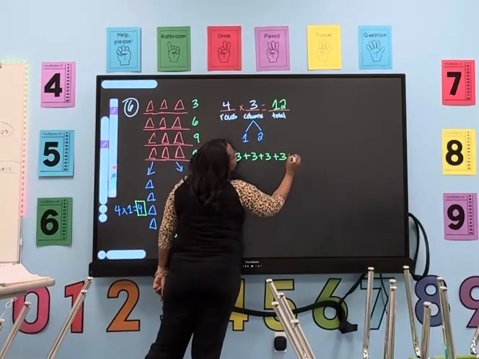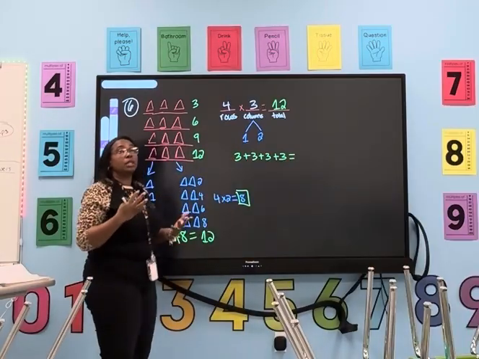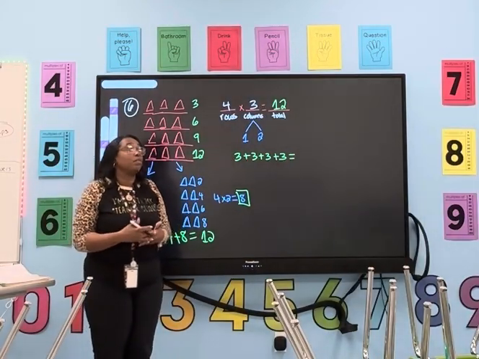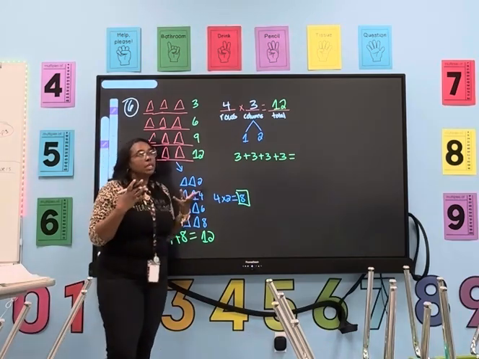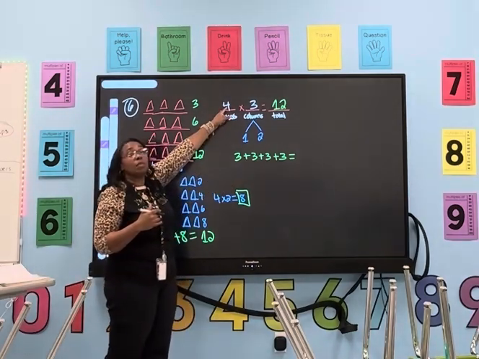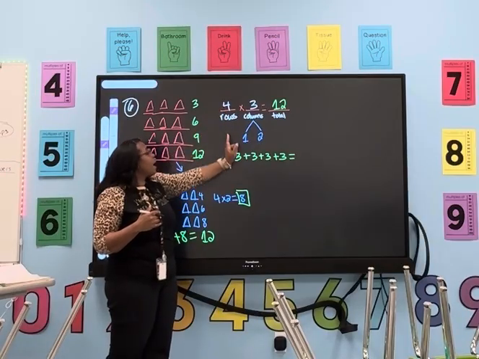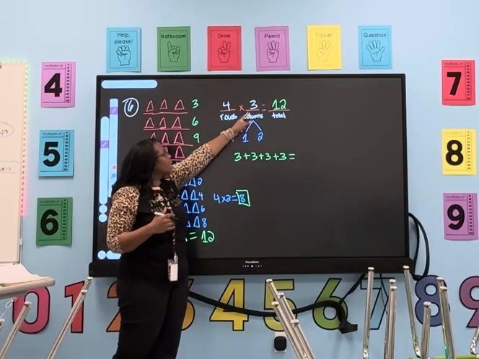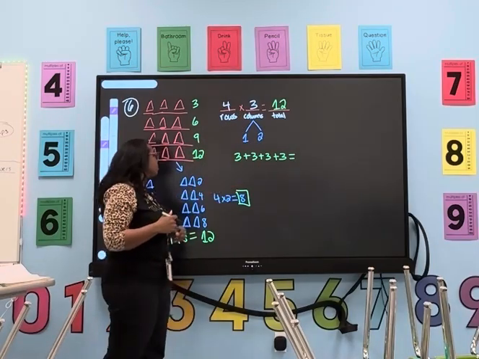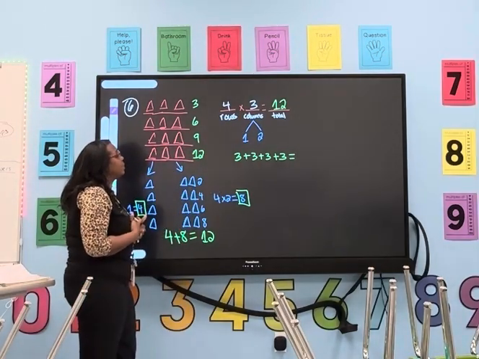If we add all these 3s up together, we can see exactly if we have the same answer. And just a little tip, I have 4 3s. Well, this is the same thing as the 4. And I have 3 of the 4s, same thing, 3. 4 3s right here.